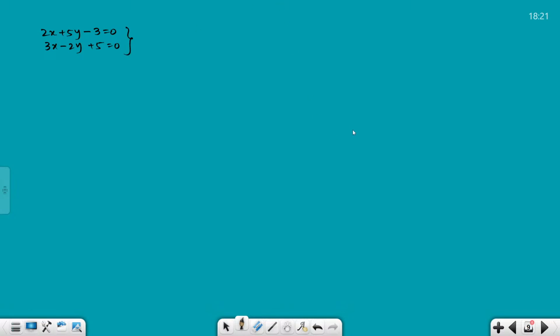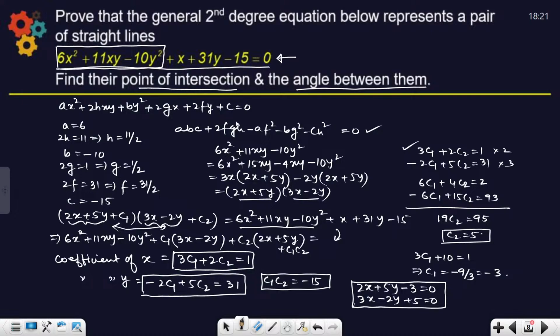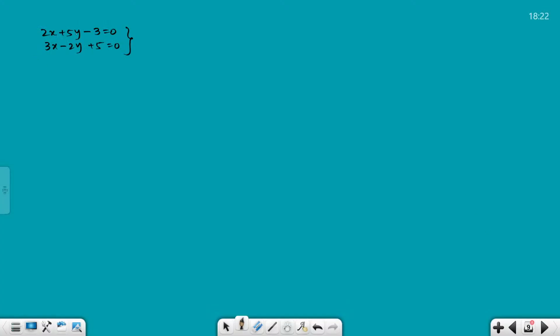Now, what you have to find out? You have to find out the point of intersection first. So simply I will solve these two. Subtract this.